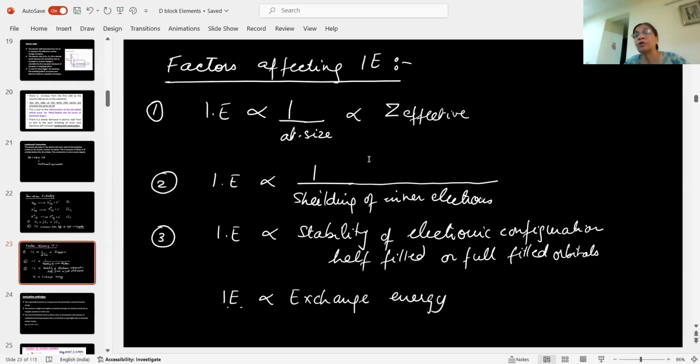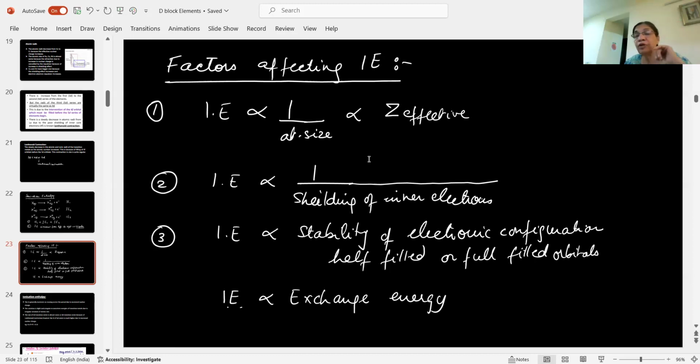Why is it irregular? Because of the factors. One is that it is inversely proportional to size, or directly proportional to effective nuclear charge. It is inversely proportional to the shielding effect of inner electrons. The shielding effect of inner electrons is maximum if the electron is in the s orbital, then it is in p, and then d, and the shielding effect of electrons in the f orbital is the least.